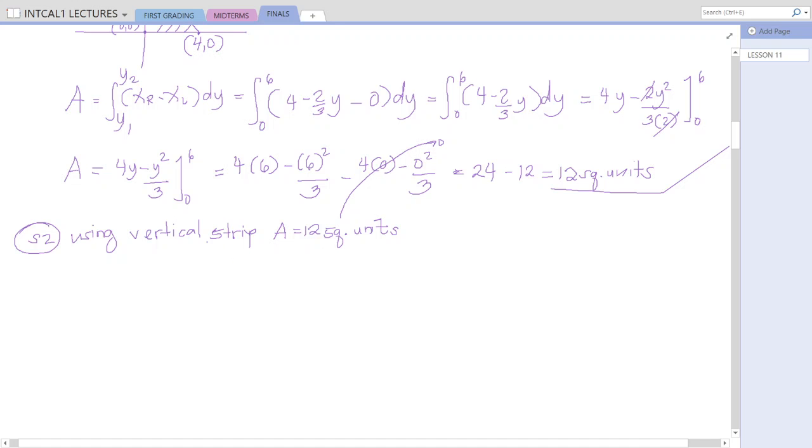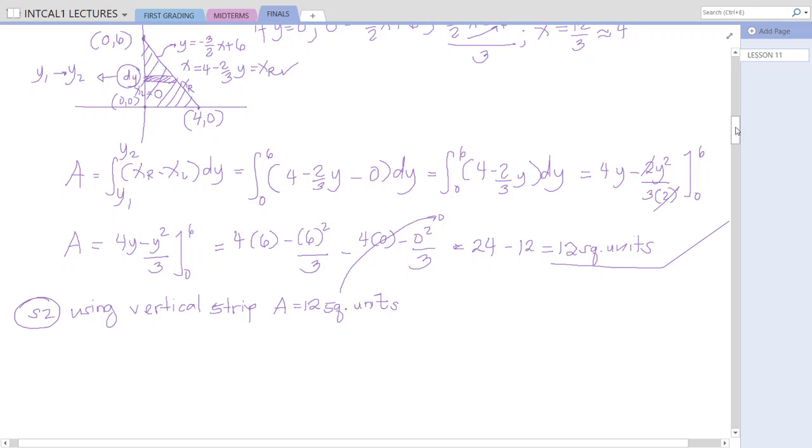So using vertical strip there, if I'm going to draw a vertical strip here, if this one will be the vertical strip, dx there is the thickness, and then for the height, that is y upper and y lower. So y upper there strikes the line, so that is equal to negative 3 halves x plus 6.